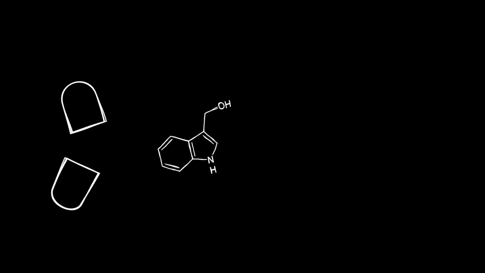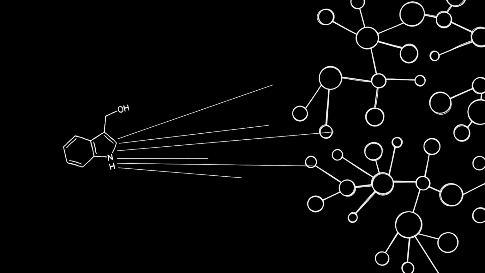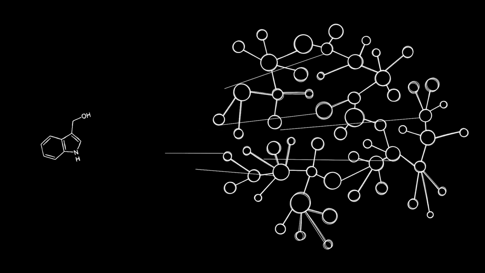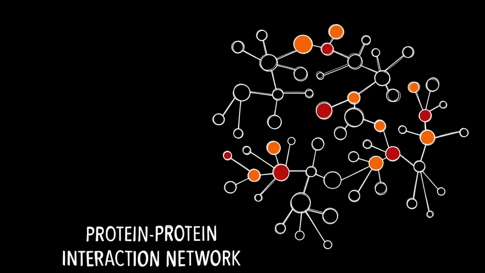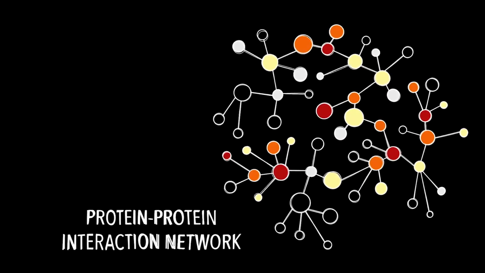So a different approach is let's abstract ourselves from the individual molecules and look at how molecules interact with proteins in our body. And we know that drugs are designed to bind to their protein targets, and proteins in their turn bind to each other. So this can be described as a protein-to-protein interaction network or graph.